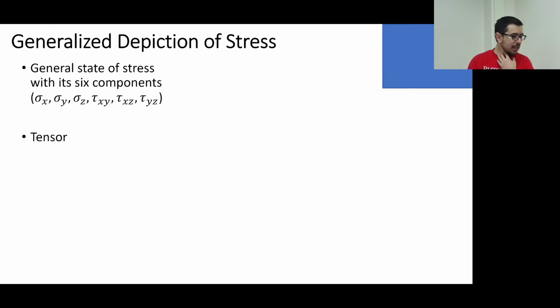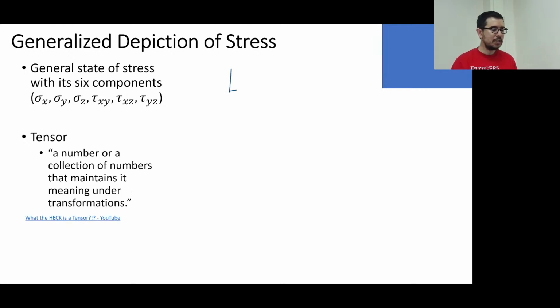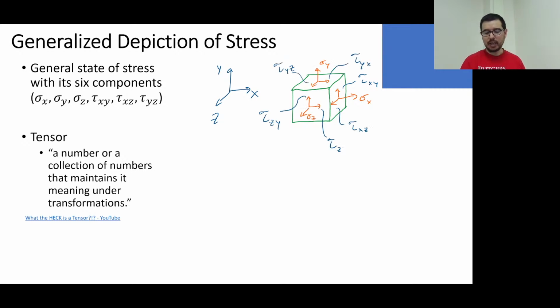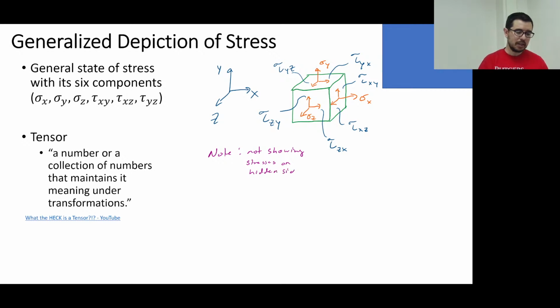So once again, here's the general depiction of stress and the general definition of a tensor. Okay? And for the last couple of days, we have been thinking mostly in 2D, right? We've been thinking about an XY plane, which could be expandable to an XZ plane or YZ plane, okay?